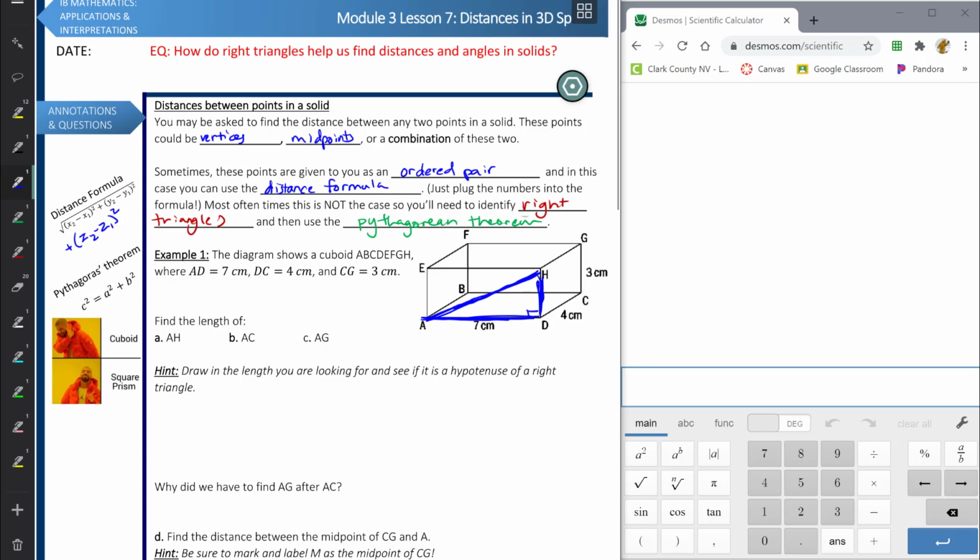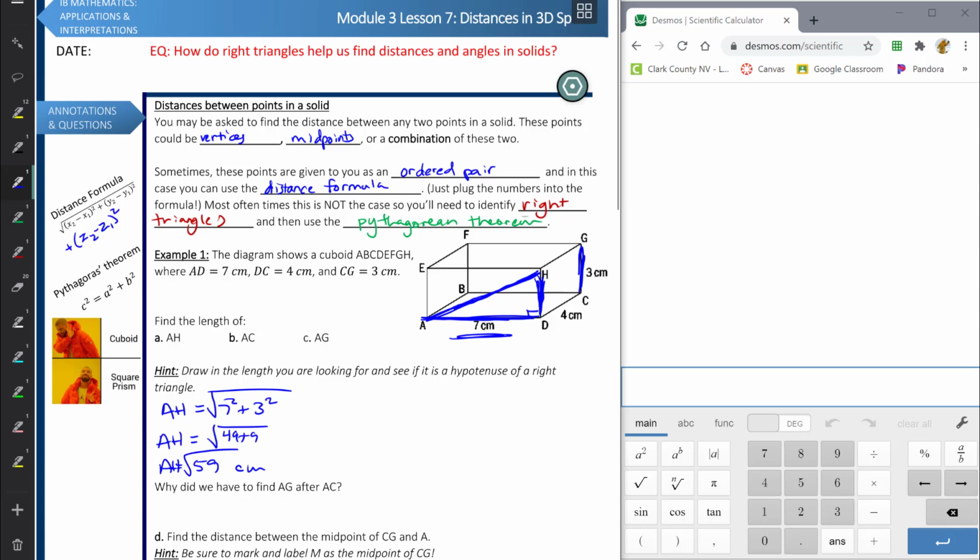AH is simply going to be the square root of this length 7 squared plus the height of it, which is the same as this one here, and that's going to be 3. So we say that AH will be square root of 49 plus 9, and that's going to be the square root of 59 centimeters.